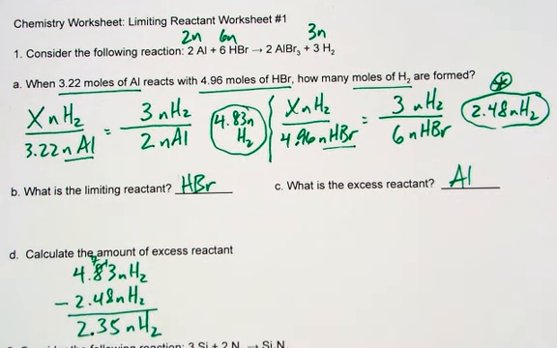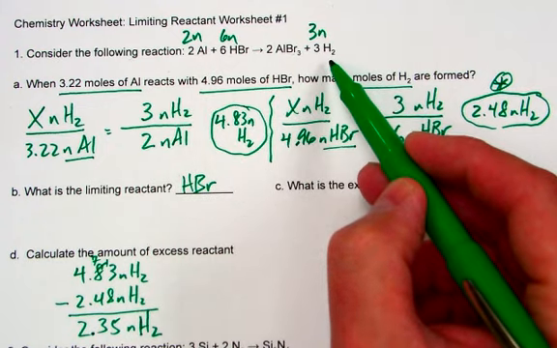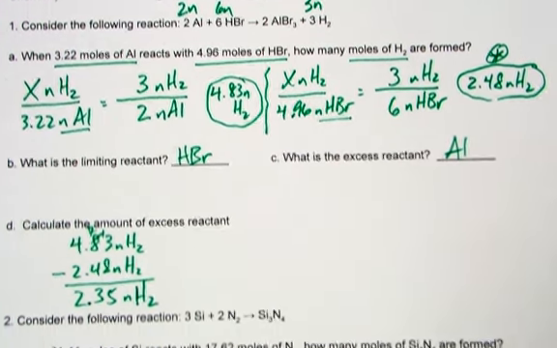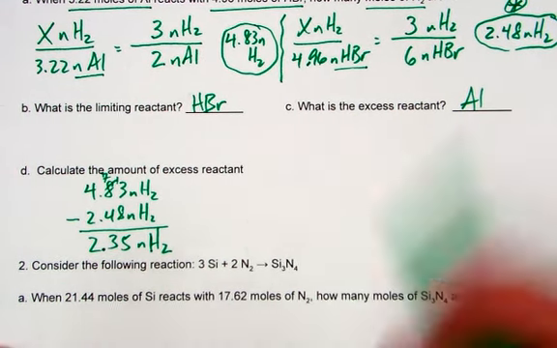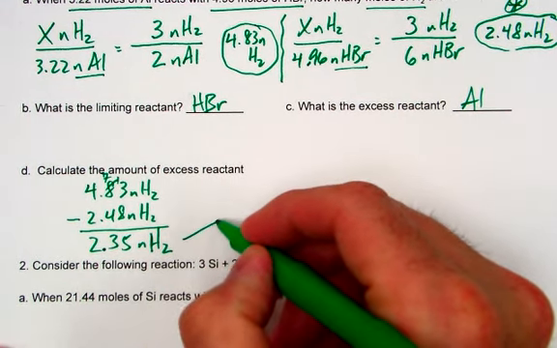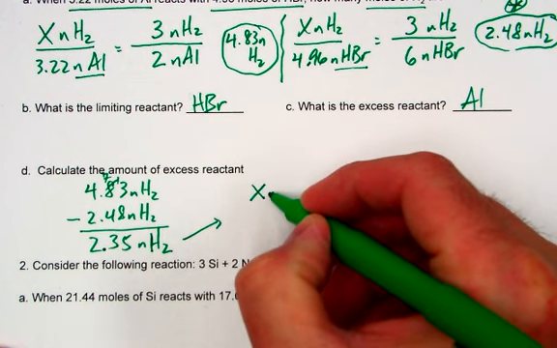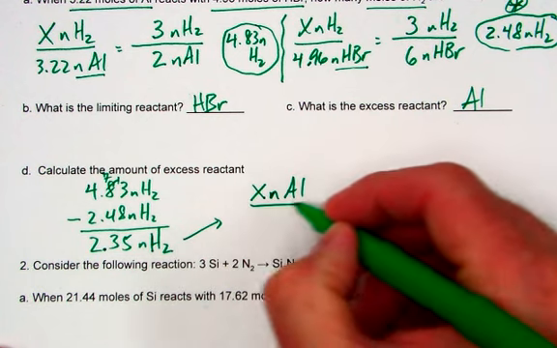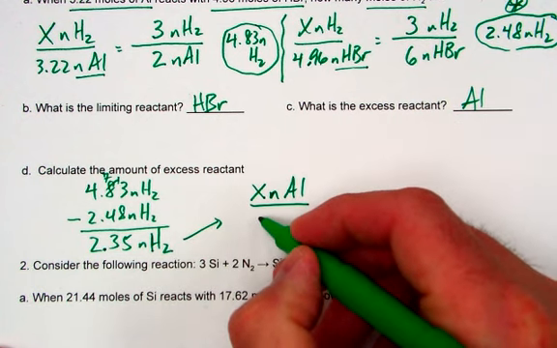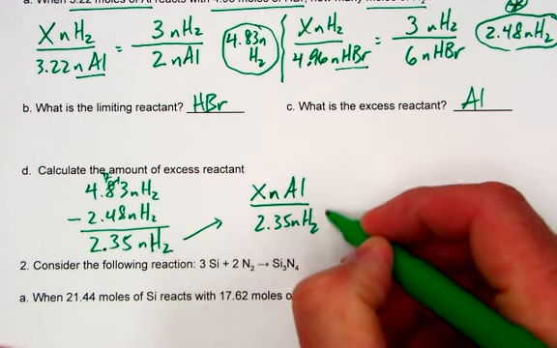That's the first step. Hydrogen is one of our products in our reaction, so that cannot be our excess reactant. So what we're going to do, we're going to take this number here, and we're going to say how many moles of my excess reactant, which is aluminum, can be made from 2.35 moles of hydrogen. Okay.